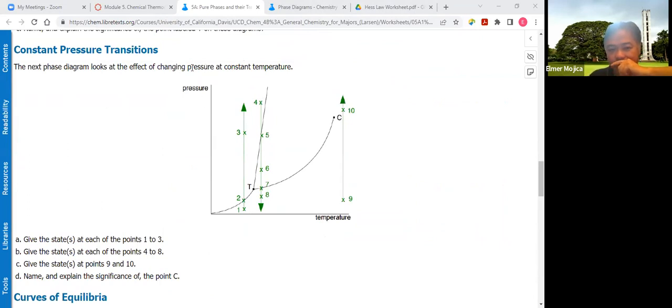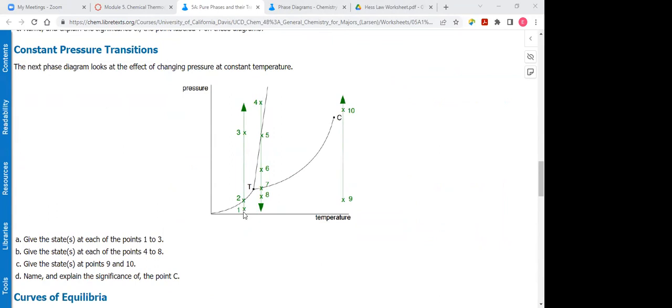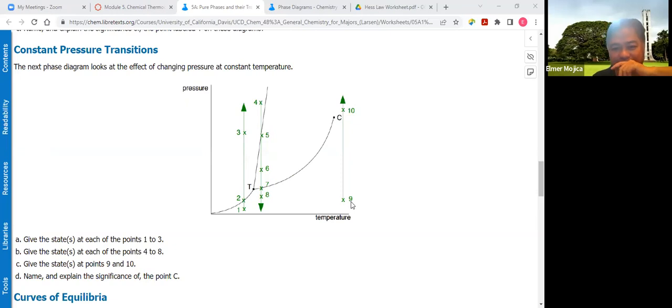Okay? So for instance here, what is number 1? What phase is number 1? Gas. Then number 2? Solid and gas. Okay, and then number 3. Solid. Oh, this one is different, number 9.